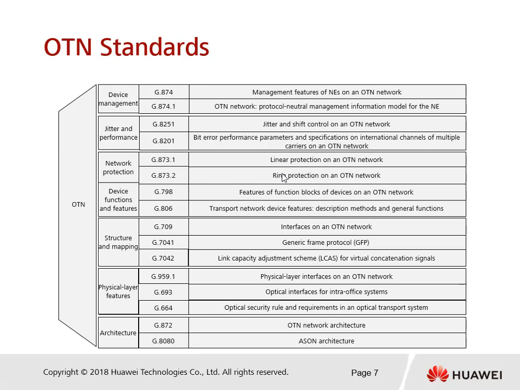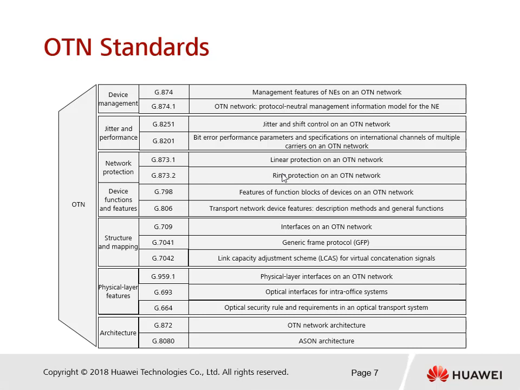Okay, and here you can find we have different OTN standards. For example, the first one is device management, we call it G.874. And we have jitter and performance, network protection, including linear protection on an OTN network and ring protection. Then the device functions and features, structure and mapping.